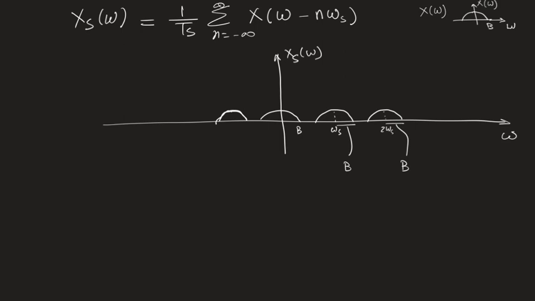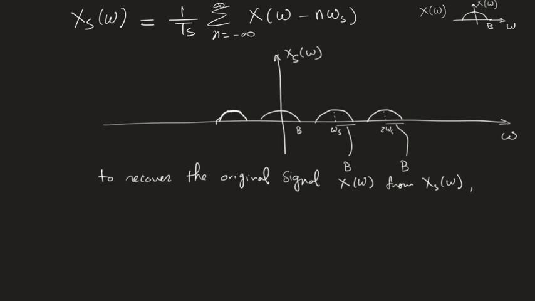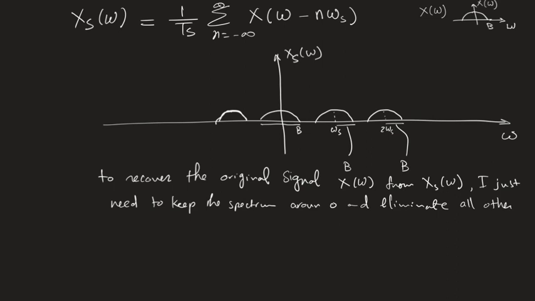So from what we see here, to recover the original signal, and I will still talk in the frequency domain now, X of omega, from Xs of omega, I just need to keep the spectrum around 0, this guy, and eliminate all other replicas, right?